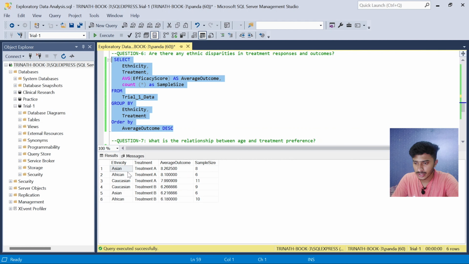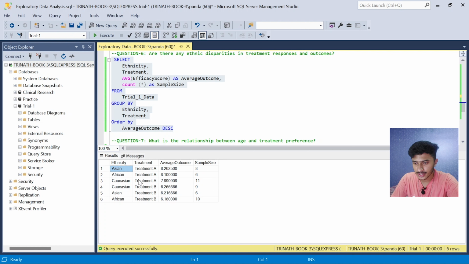So here we can see there are three types of ethnicity in our group: Asian, African, and Caucasian. I'm sorry if there are any pronunciation differences.